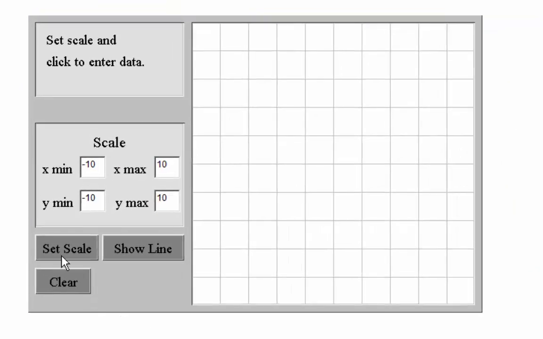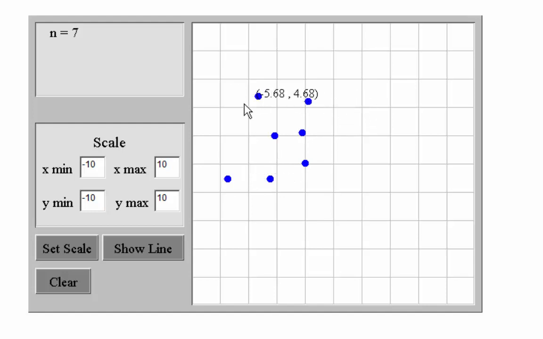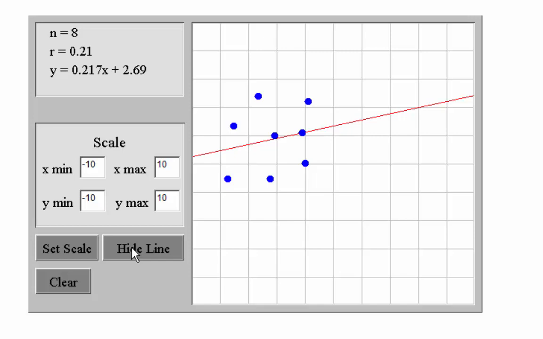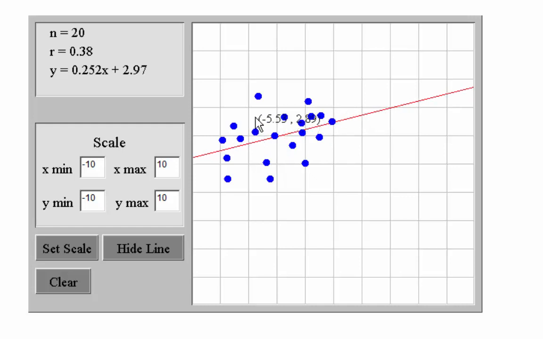So you can set the scale if you want to. I'm just going to leave it like it is. You can see it goes from -10 to +10. And you can put some points in here and tell it to show you the regression line, and your R value is over here at 0.21, so not a very good relationship. But if I put more points closer together, watch the R value go up.